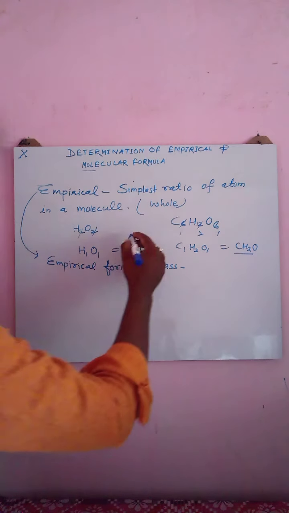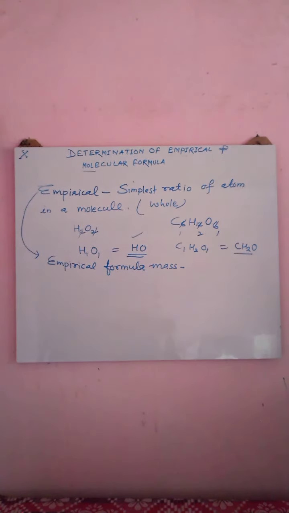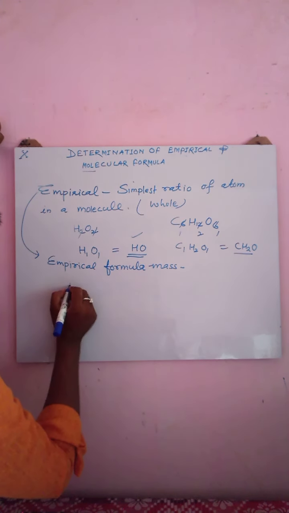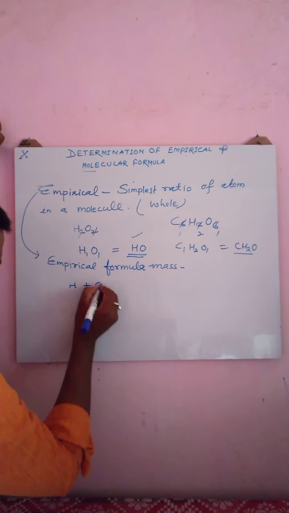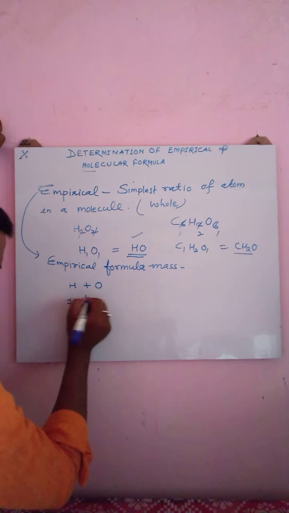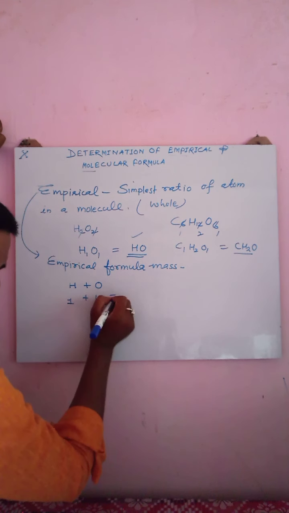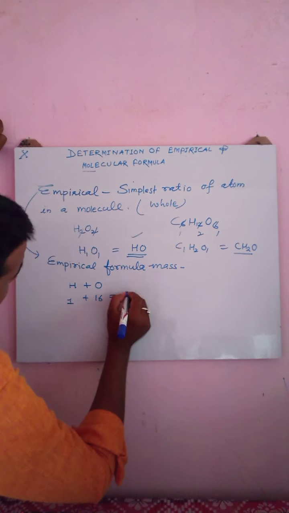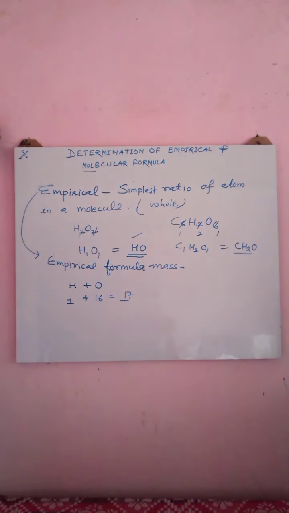For example, empirical formula mass of HO will be mass of hydrogen plus mass of oxygen. Mass of hydrogen is 1, mass of oxygen is 16. So empirical formula mass of HO will be 17 atomic mass unit.